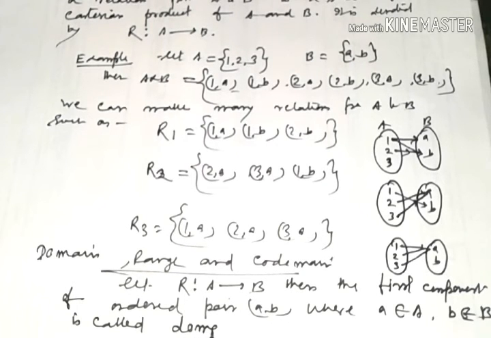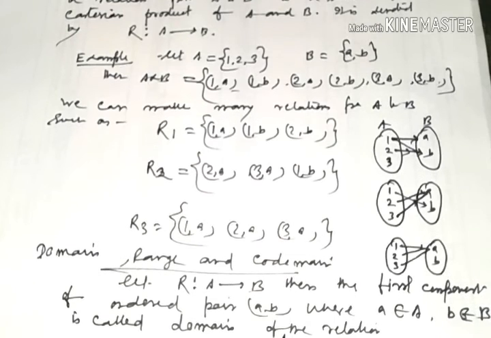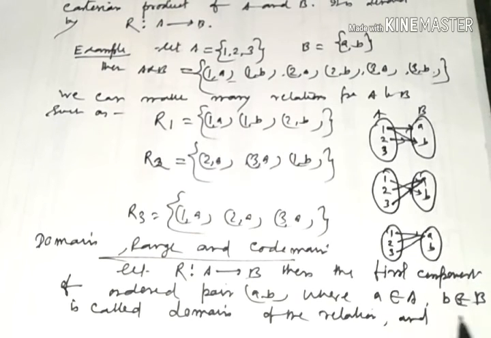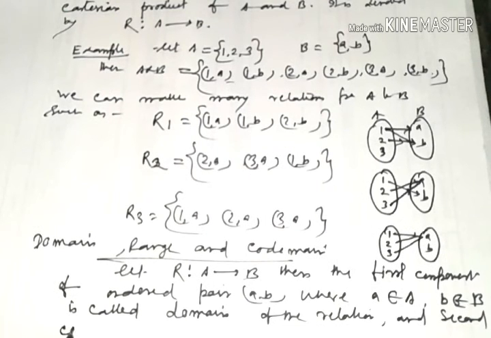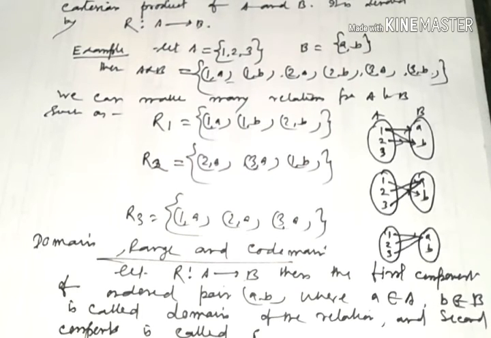the domain of the relation. That is, the first component is called the domain, and the second component is called the range.